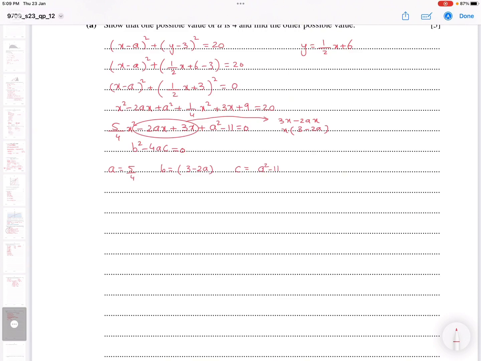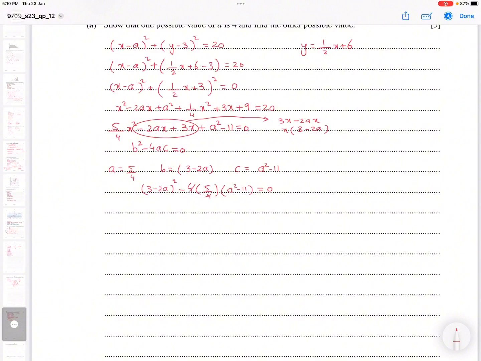Place the values in b square minus 4ac carefully. So (3 minus 2a) square, this is b square, minus 4, and our a is 5 over 4, and our c is a square minus 11. This is equal to 0. So these two 4's are gone.